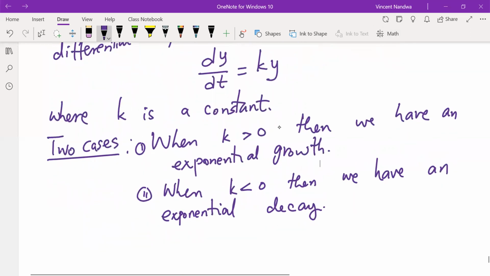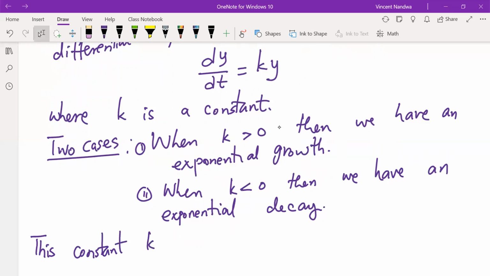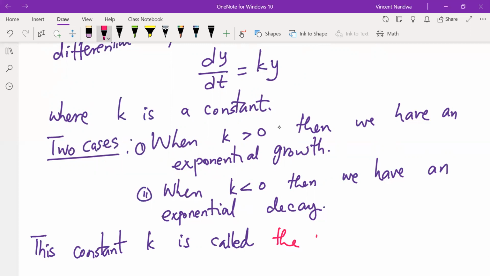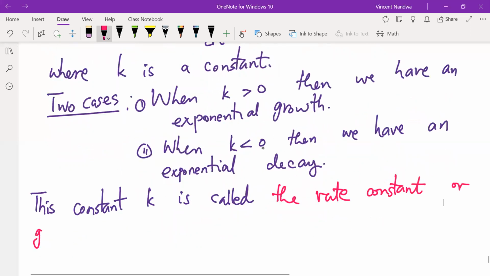So the number k is called the rate constant or growth constant and has units of the inverse of time.